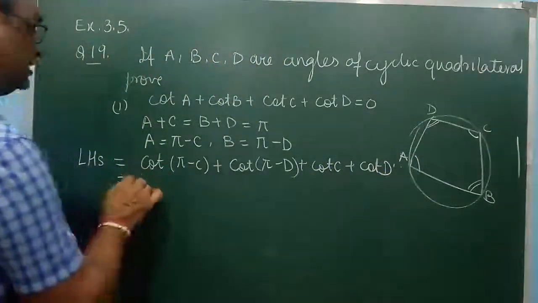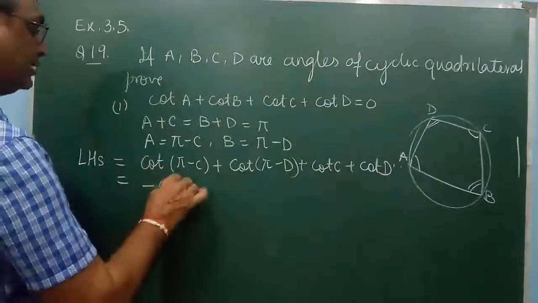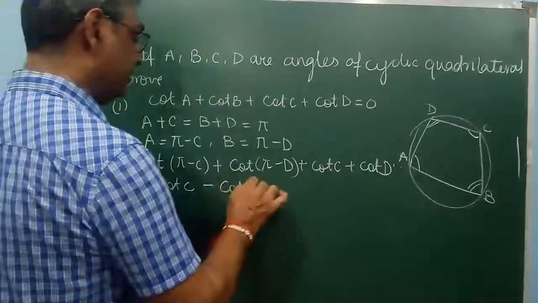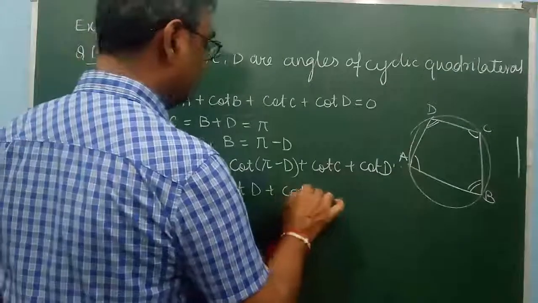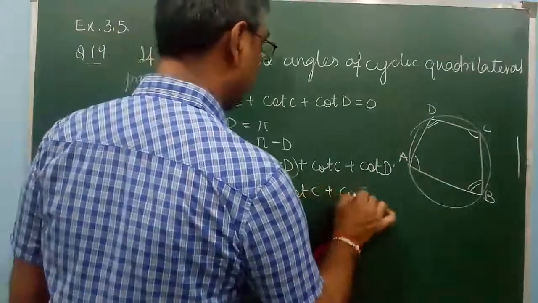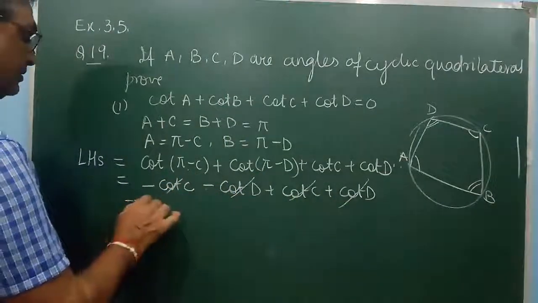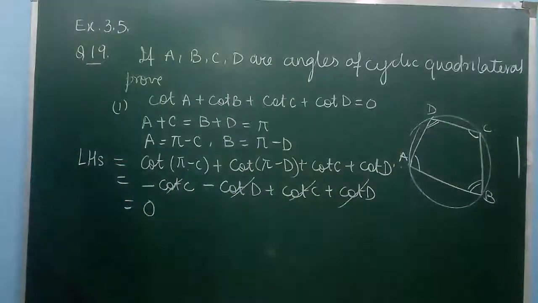Now this is in the second quadrant, so it is minus cot C minus cot D plus cot C plus cot D, and all these get cancelled and it is equal to 0. This was the first part.